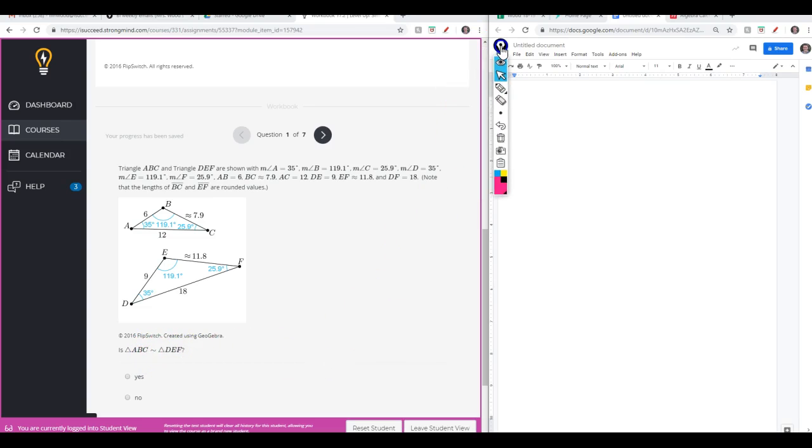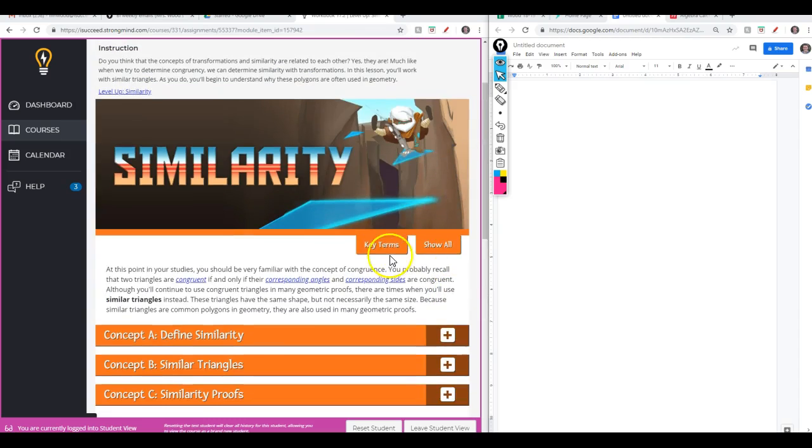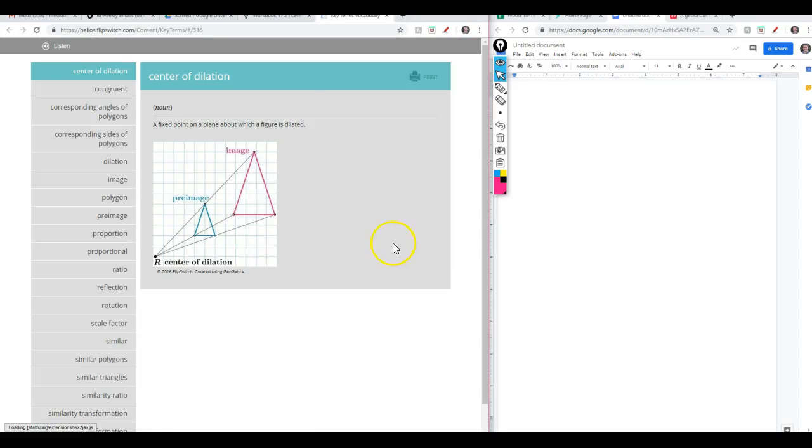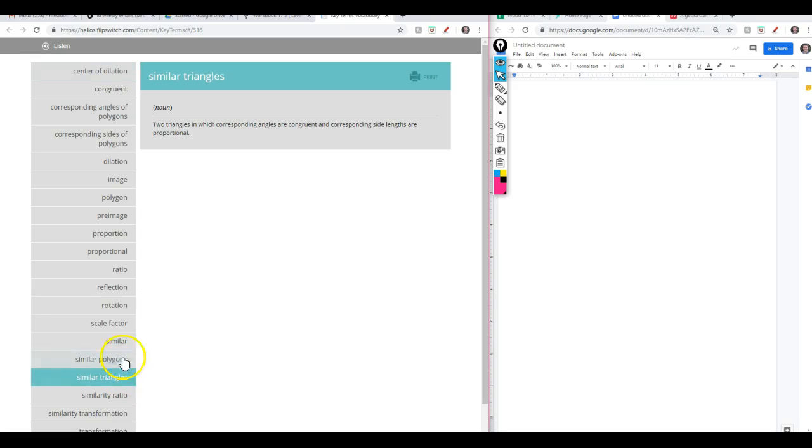Okay, if I wasn't sure on what similarity was, I'd click on the key terms, and I'd go for similar triangles. Two triangles in which corresponding angles are congruent and corresponding side lengths are proportional. So there's two things that we have that are set out in this definition to check.